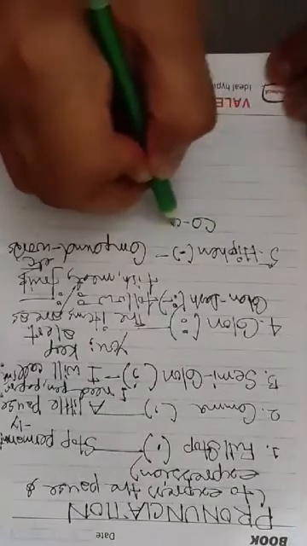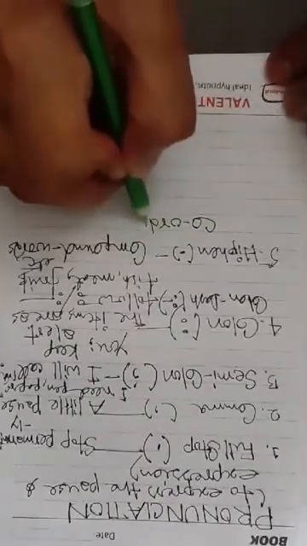Suppose coordinate clause. If I write it this way, I may use hyphen. Coordinate, it may be in one word, but it may be in two words whenever we use it as a compound word. Okay, so here hyphen.